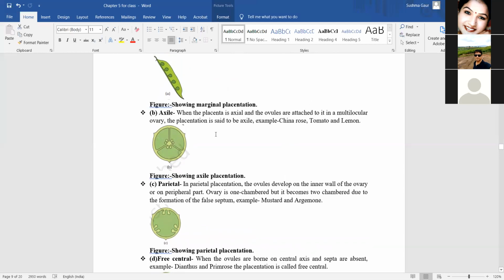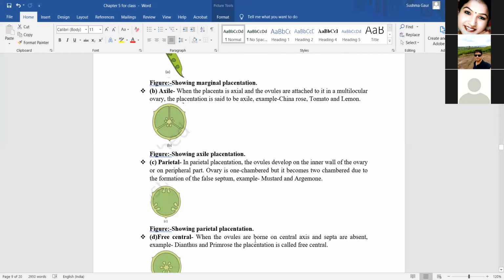Okay. So the second is axial placentation. Axial, like the name suggests, is about position. When the placenta is axial and the ovules are attached to it in a multilocular ovary, we can see this is the ovary. These are the locules in which the ovules will be present, and this is the placenta. The placenta will be present in the axils and the ovules remain attached to it.